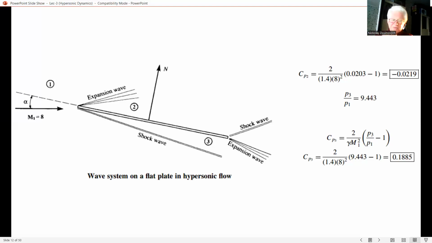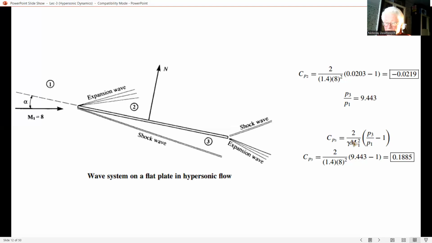From our aerodynamic relation, with beta equal to 21 degrees and Mach number A, and denoting the pressure behind the shock as P3, we get P3 over P1 equal to 9.443. Okay? Hence, the pressure coefficient on the bottom surface, CP3, will be expressed by this equation.